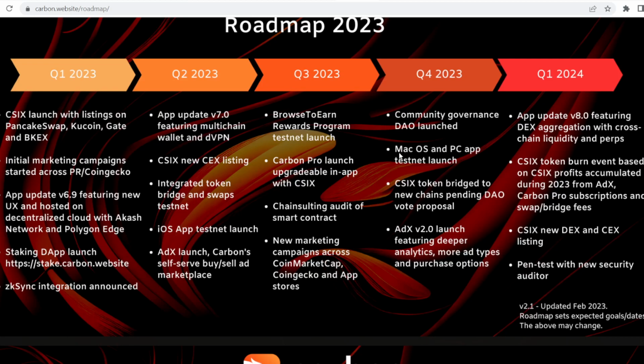In quarter three, they are going to launch one very good program, the browse to earn reward program. How does this program work? Whatever activity you do, they haven't defined which activity will reward you more and which will reward you less, because they are saying the feature might get abused.